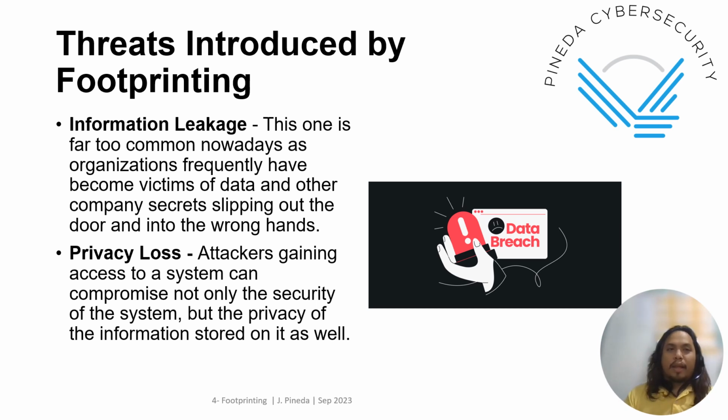And that's what attackers will be targeting, to steal and to sell outside. So you have information leakage, which eventually will lead to privacy loss, assuming that it's about personal information about your users, or customers or stakeholders.